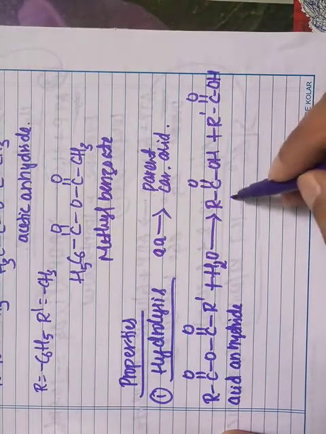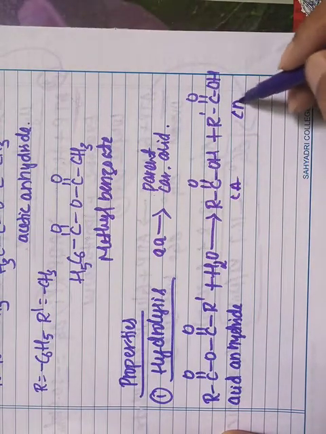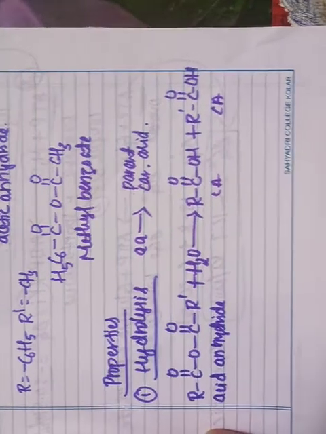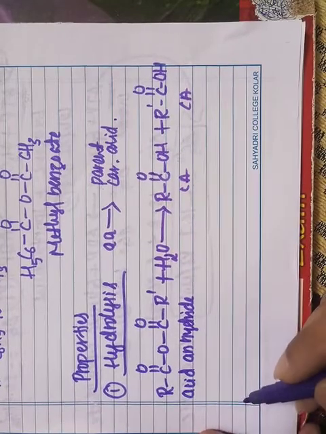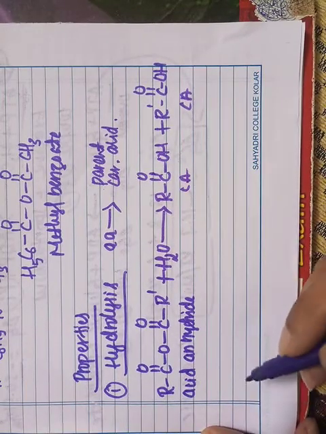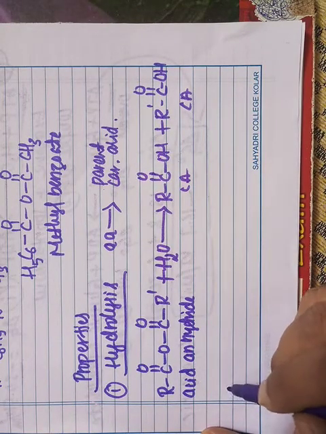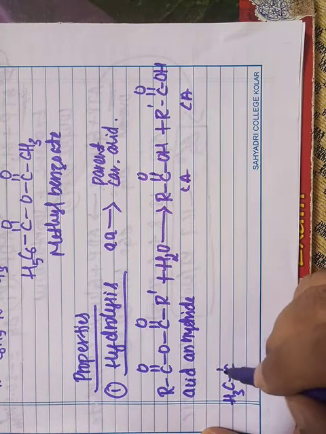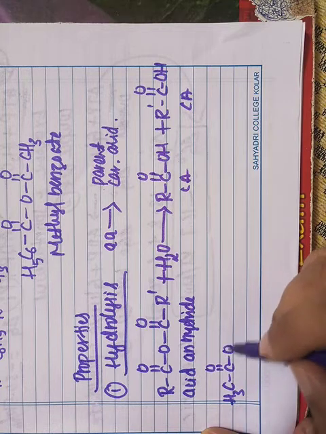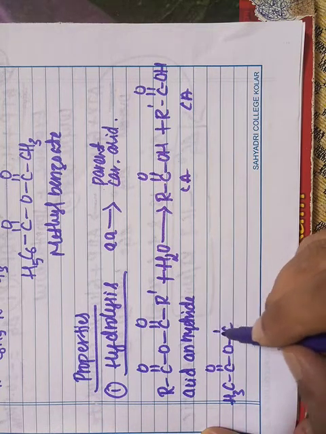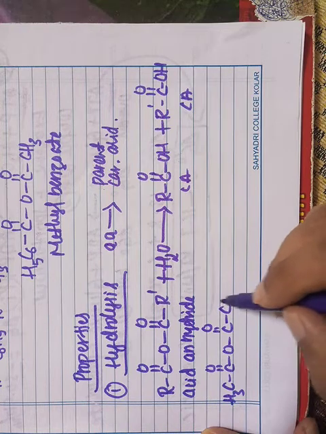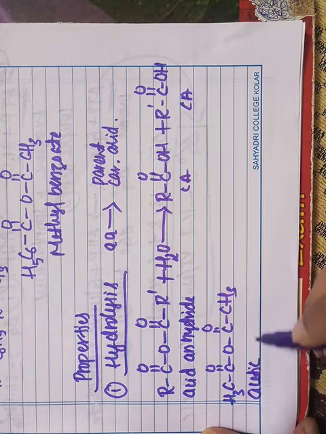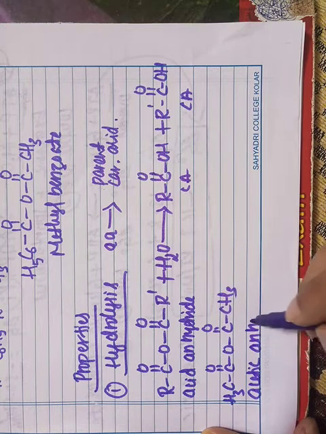Okay, so this is one carboxylic acid, this is another carboxylic acid. So two carboxylic acids are formed. Let us write an example for this. So this is acetic anhydride.